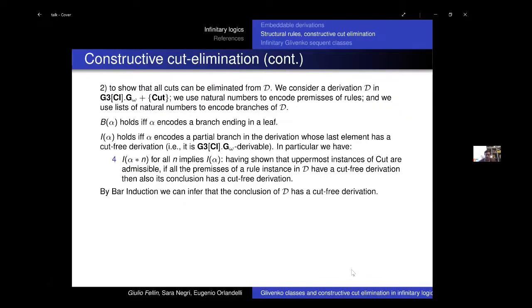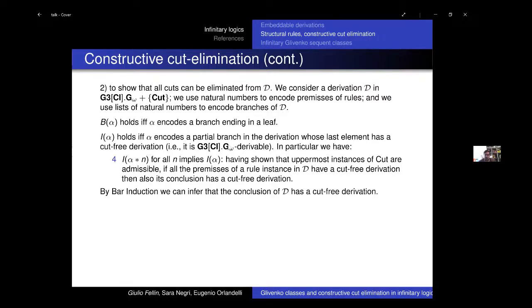Okay, so now we again use Bar induction to show that all cuts can be eliminated from D. So we consider a derivation D in the calculus plus cut, and we use natural numbers to encode the premises of rules and lists of natural numbers to encode branches of D. So in this case, the base predicate is that alpha encodes a branch ending in a leaf, and the inductive predicate says that alpha encodes a partial branch in the derivation whose last element has a cut-free derivation.